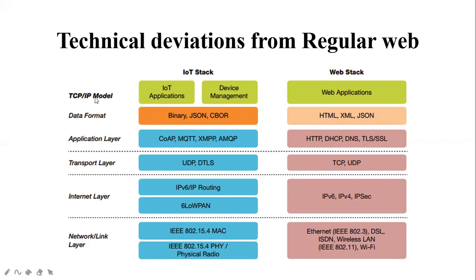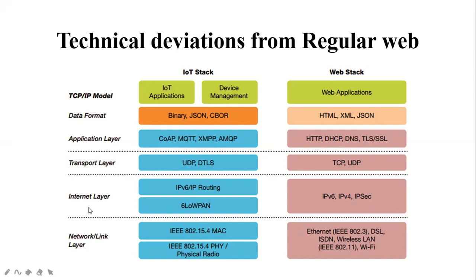So we need additional services for this IoT stack. Here for the TCP IoT model, you can see web application. Here we will have device management and IoT application. For data format, we will have additional services here also. For the application layer also, we will have additional services compared to the web stack. For the transport layer also, we will have some additional ones.